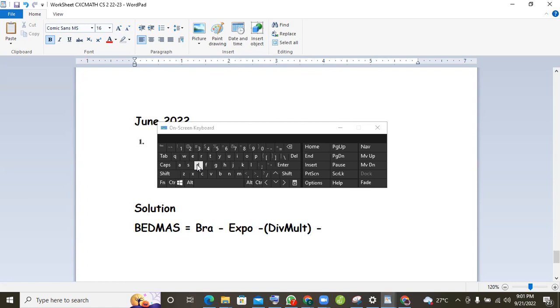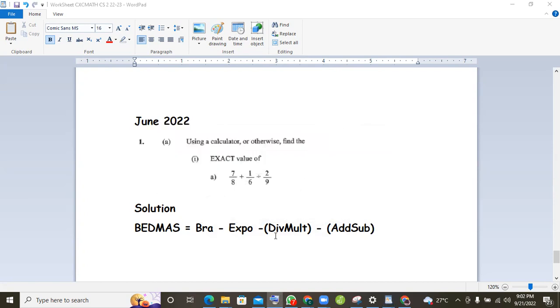The same thing applies with addition and subtraction. You can do addition before subtraction, you can do subtraction before addition. But you must do division or multiply before addition or subtraction.